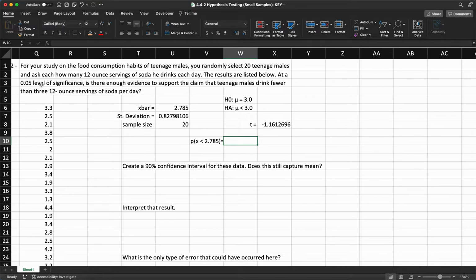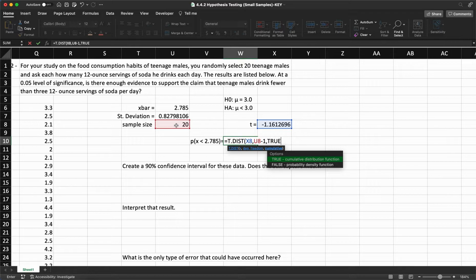And so I can't use my norm.dist. I'm going to use my t.dist function. First I have to put an equal sign, t.dist. I'm going to put in this for my value, and then my degrees of freedom would be 20 minus 1, and then cumulative is true.